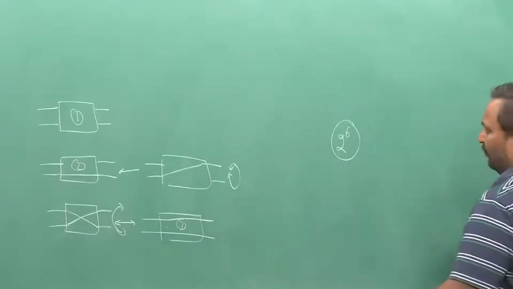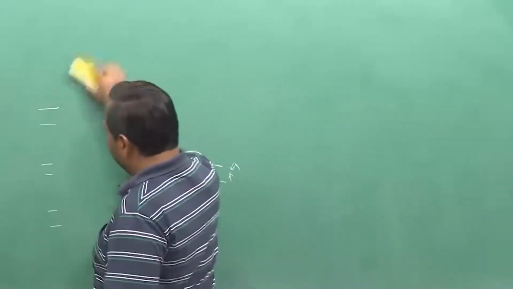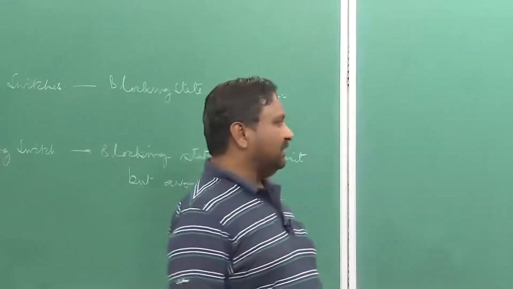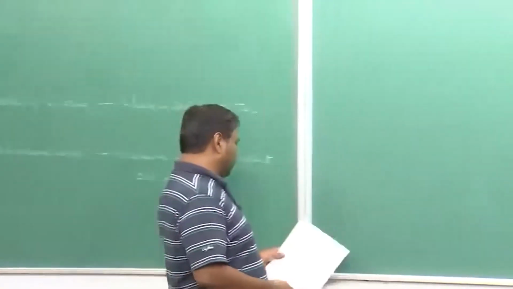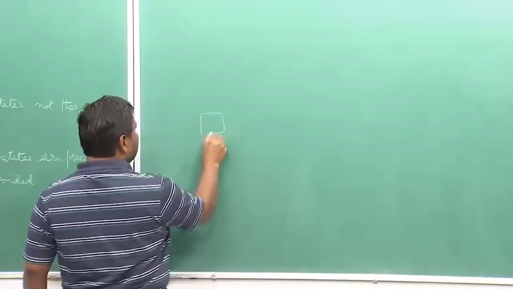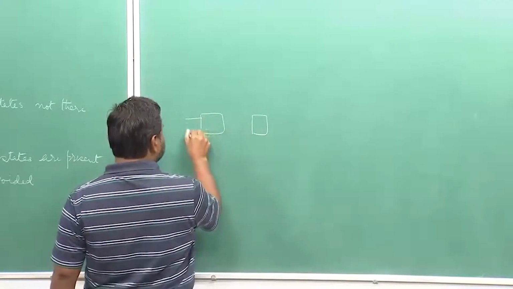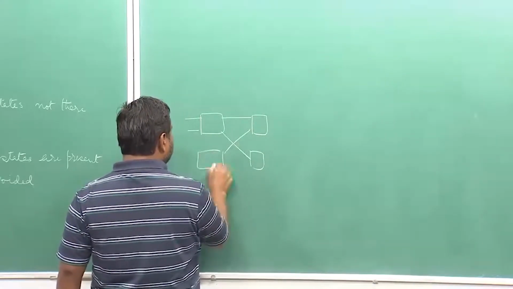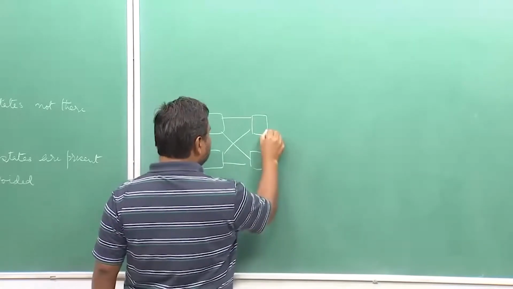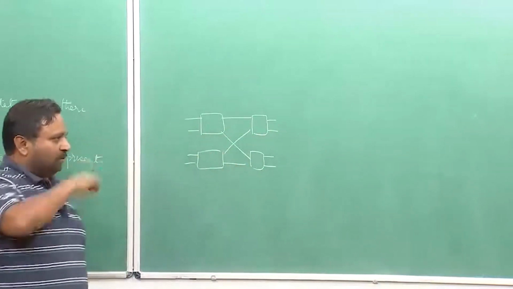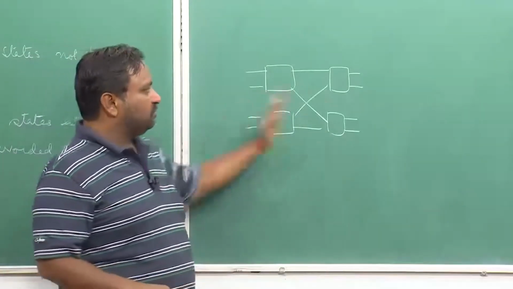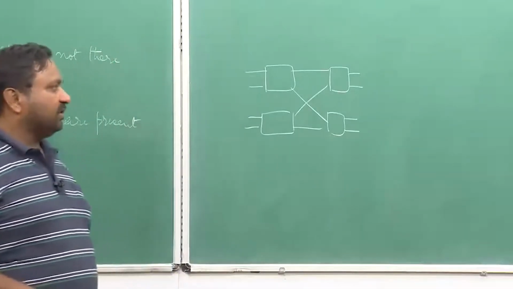Now, let us do for 2 stages 4 by 4 system built using 2 by 2 crossbar and see how we can actually transform from one state to another state and both are equivalent, what the equivalence actually means. So, in this example I have taken, remember this is a blocking system, this is not a strictly non-blocking, only 2 by 2 this element, this crossbar is a strictly non-blocking element, but this whole switch per se is a blocking system.